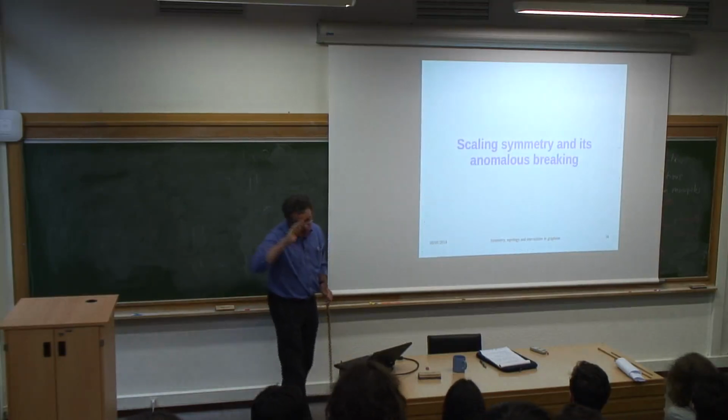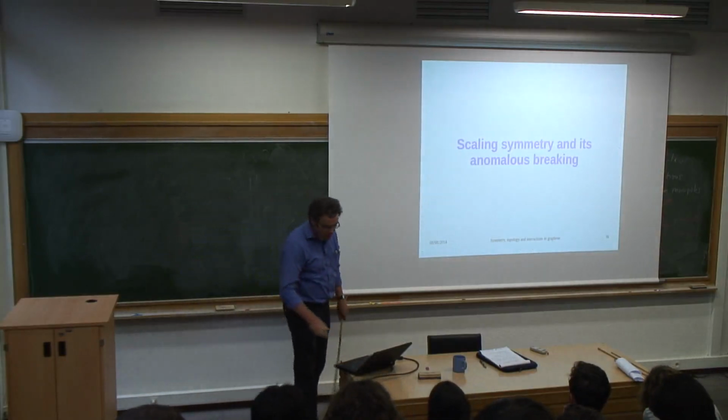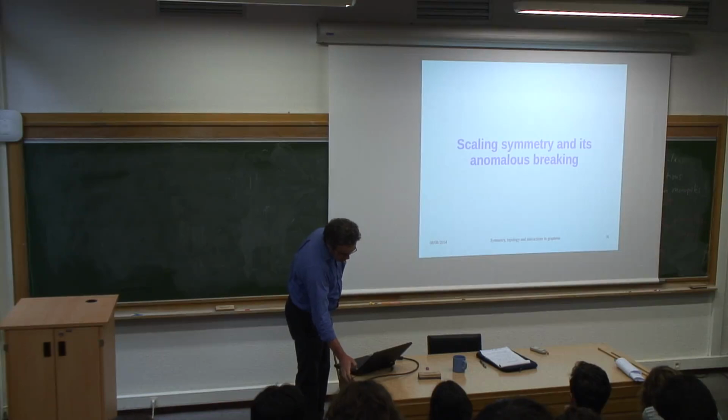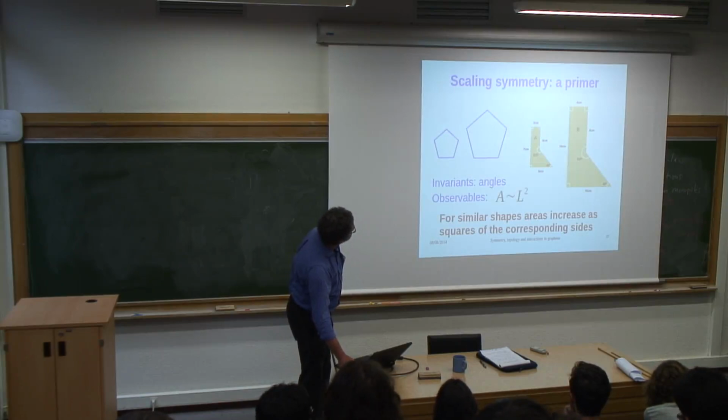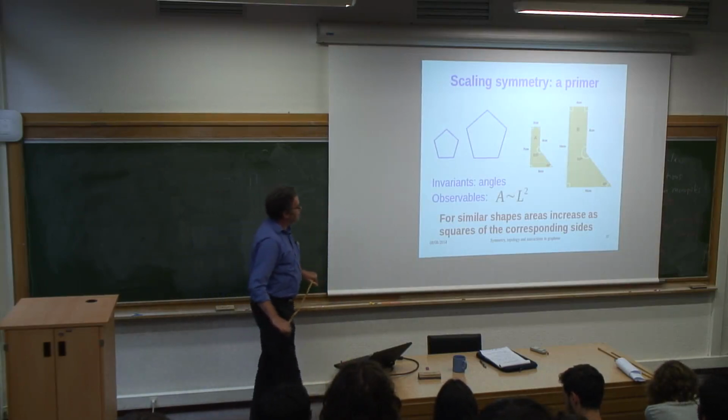Right, and then there is a question about whether there is any symmetry change at this transition, and I would like to argue that it's scaling symmetry that breaks at this transition in an anomalous way.